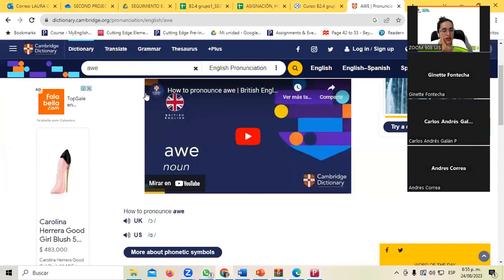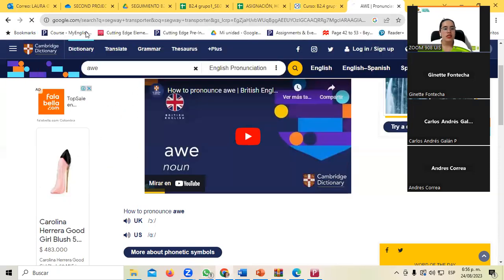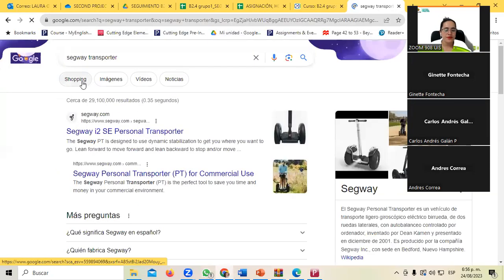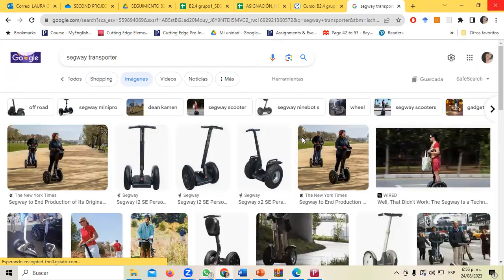Okay, so first we have the Segway. Have you seen the Segway? Do you know what this is? The Segway transporter. This is a Segway transporter, okay? This is very common now to see some people, especially in malls.